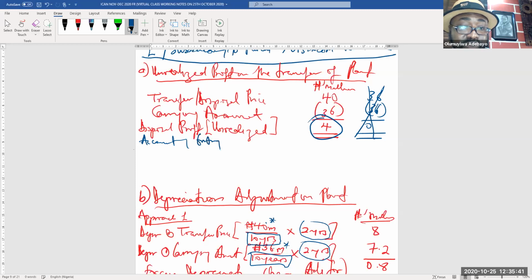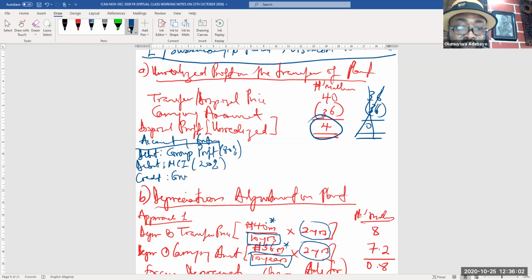My accounting entry. The debits will affect both the parent and the NCI ultimately. The parent will suffer for 80%. NCI will take the burden of what? 20%. Whereas the entire credit will be a reduction in the group plant, which is the 100% amount, 4 million.